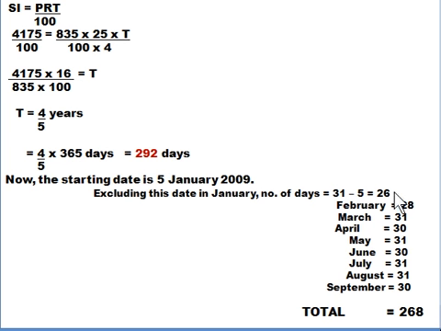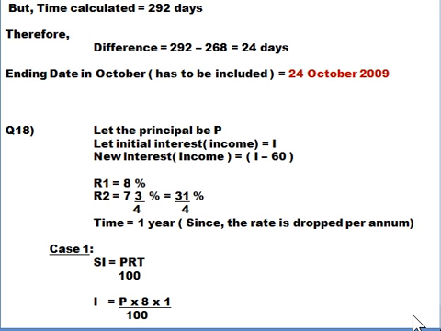Now you have to keep on adding these numbers of days. If I add them from the starting month, that is January, to September, we are going to get 268 days. The total number of days came to 292 days, and the total sum of the number of days till the month of September is 268. So we are going to get the difference between the two, that is 292 minus 268, which comes equal to 24 days. These 24 days are going to be taken from the next month.